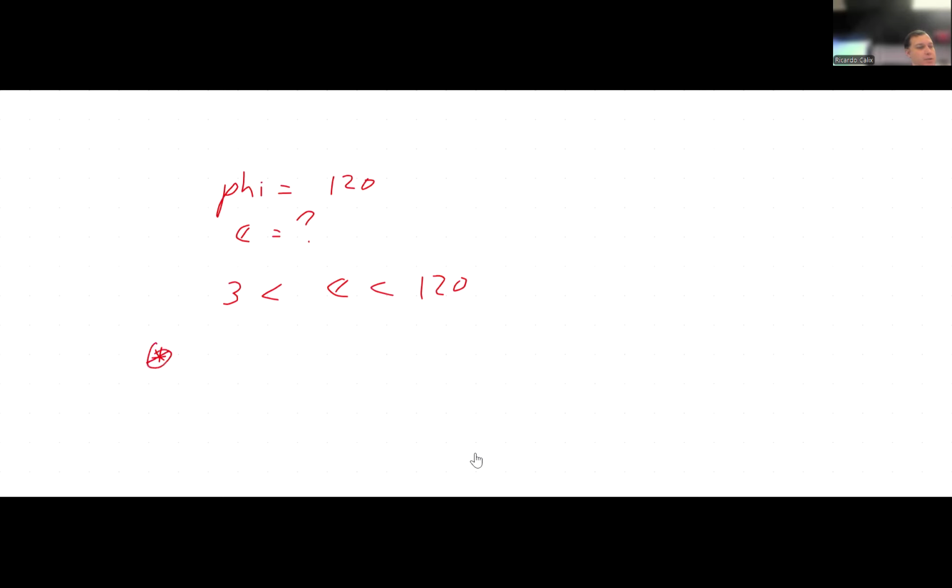Okay, so if the candidate is 3, you guys help me out here. The greatest common divisor, GCD, between 3 and 120, which is phi, is what?